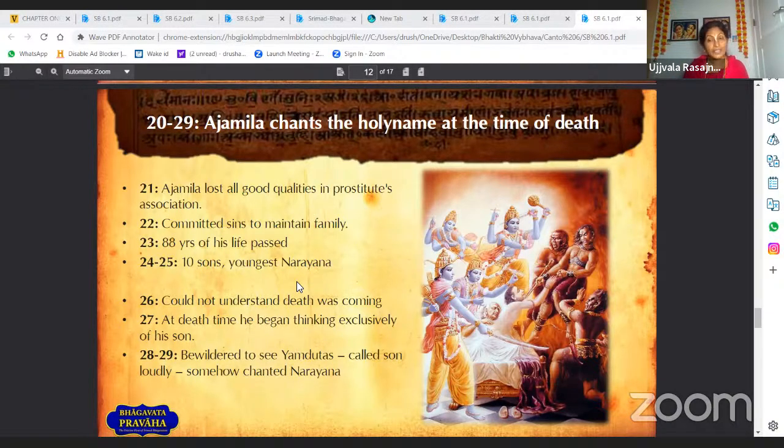It's not about how much sin we have done, but how desperate we are. So the Nama has the power to destroy all the sins. So that is Namabhasa, and that's why Namabhasa can give liberation.